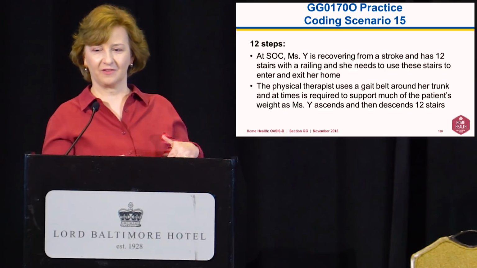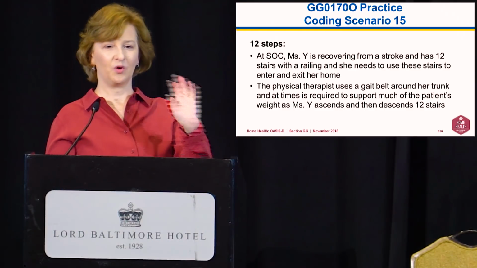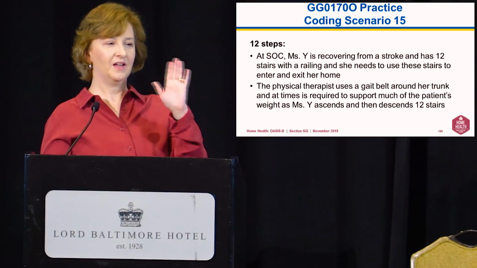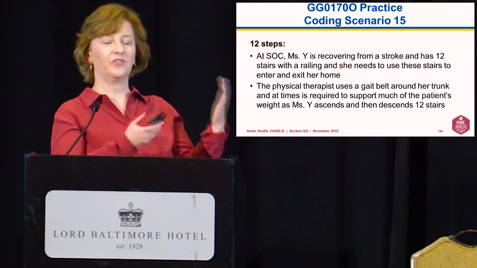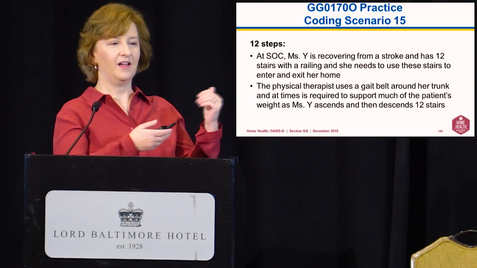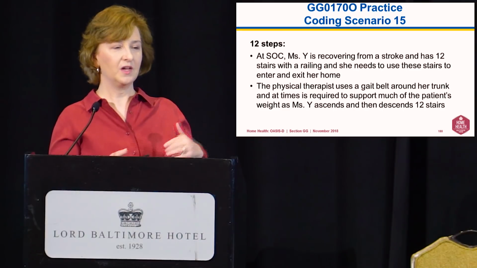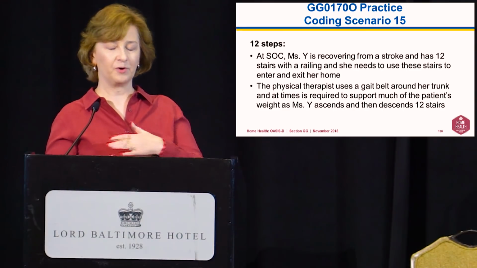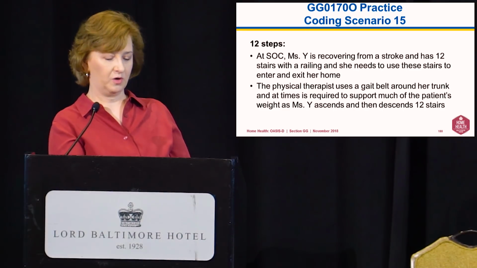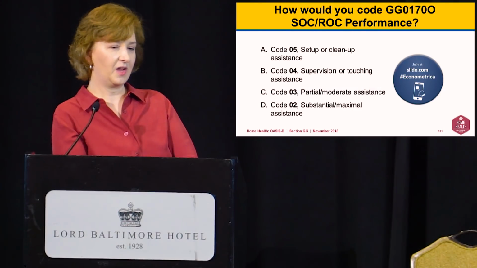So if we talk through the decision tree, obviously helper is needed, more than setup, more than supervision verbal. There is lifting assistance, so if you think the helper is doing less than half of the effort, you would code 3. If you think the helper is doing more than half of the effort, you would code 2. If you think the helper is doing completely all the effort, you would code 1. So this is a little bit trickier, I think, than some of the other ones.